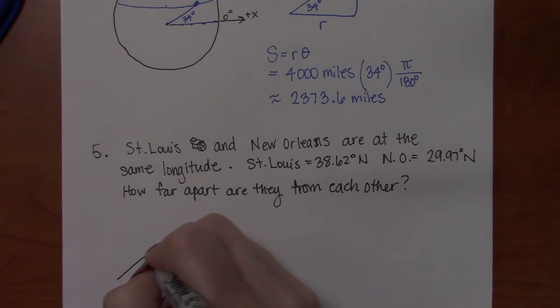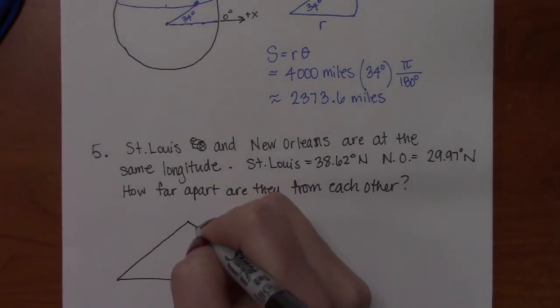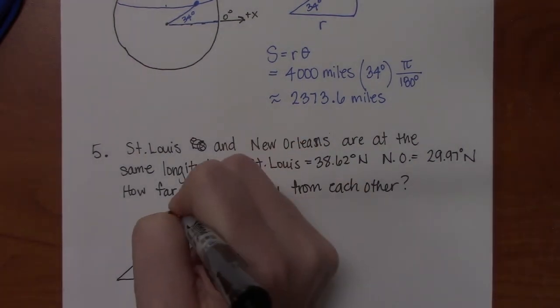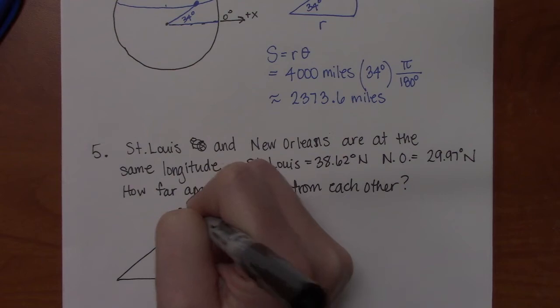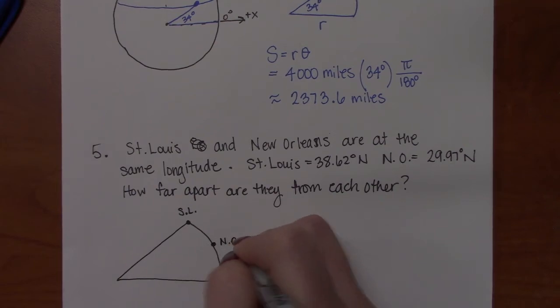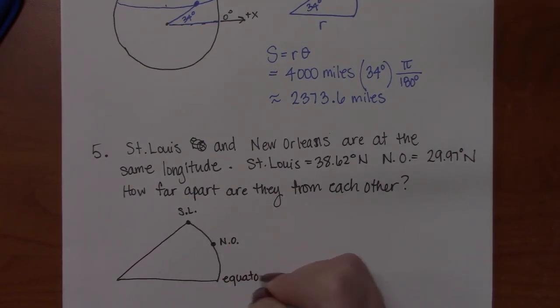So it's going to look something like this. If you measure the arc length down, St. Louis is higher, so it's going to be right here, and New Orleans is going to be somewhere here, and then the equator is the initial side.